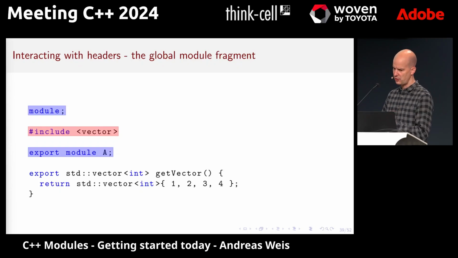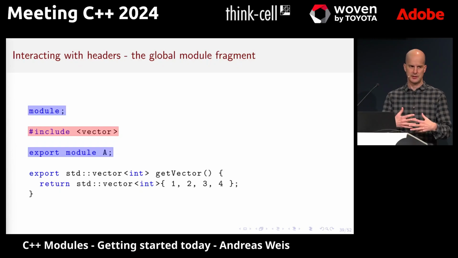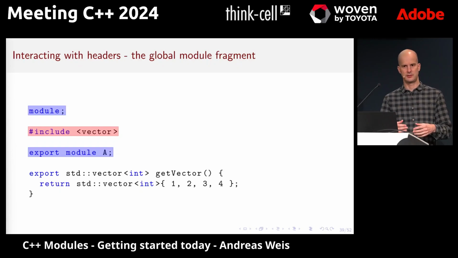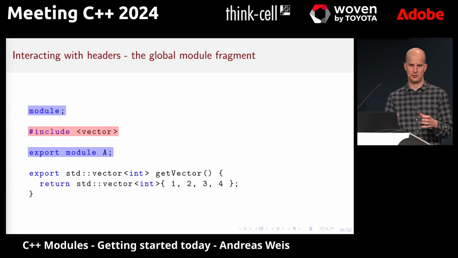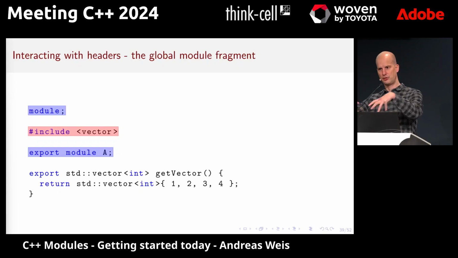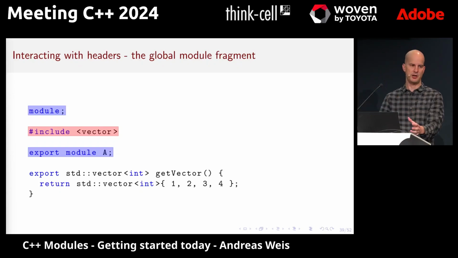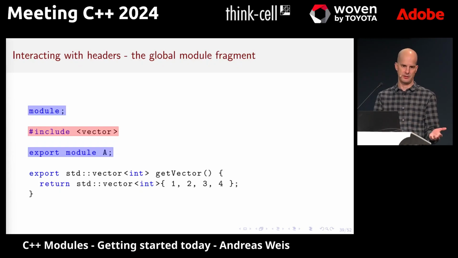This region is also referred to as the global module fragment of the module source. What's going on behind the scenes is that everything you put in there is interpreted as not part of the module. The way the C++ language distinguishes this, there's the global module: everything that you don't explicitly put as part of a module that you named is implicitly part of the global module.